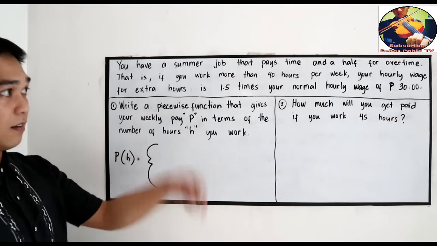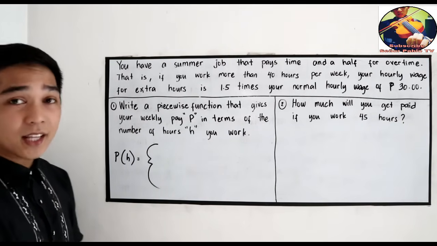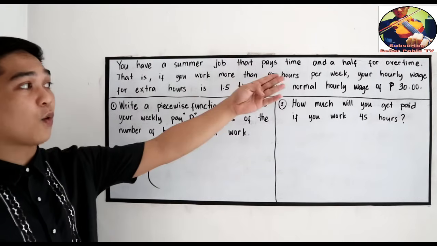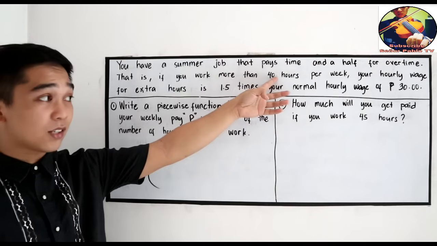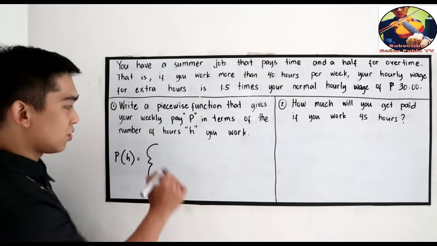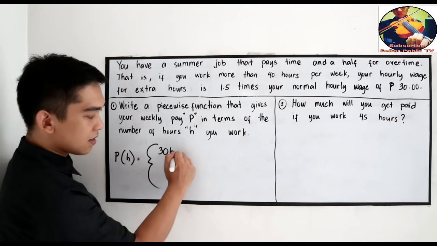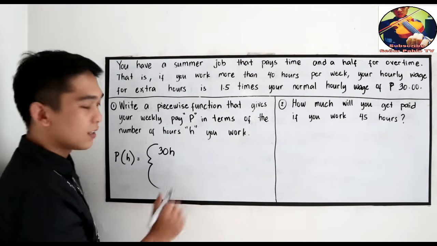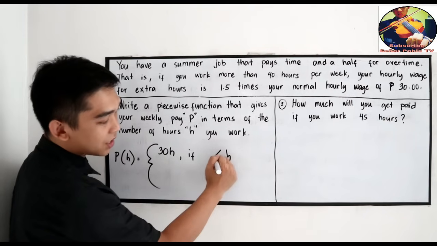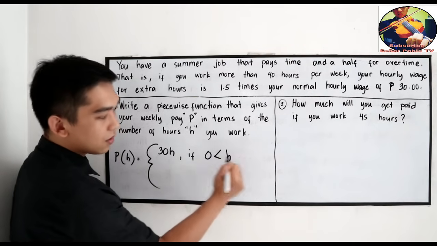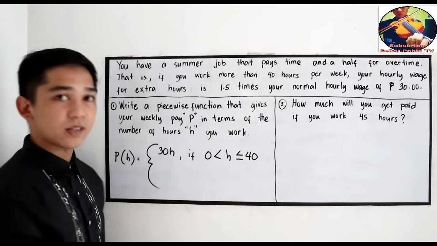Sa ating function ngayon, kapag nag-work ka daw ng hanggang 40 hours, babayaran ka niya ng 30 pesos per hour. So, 30 times yung hour na ginugol mo sa trabaho, if that is, yung hour mo is greater than 0 but less than or equal to 40 hours.